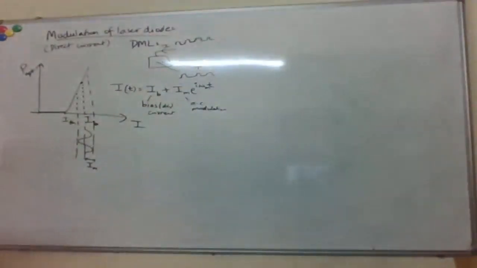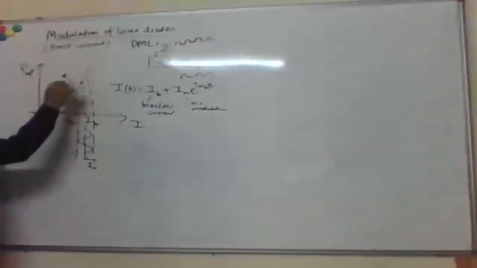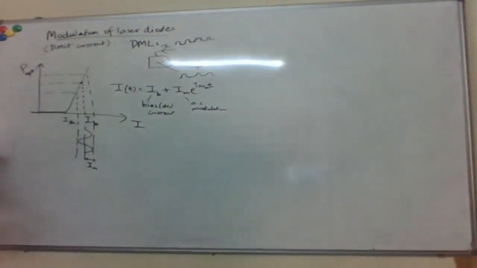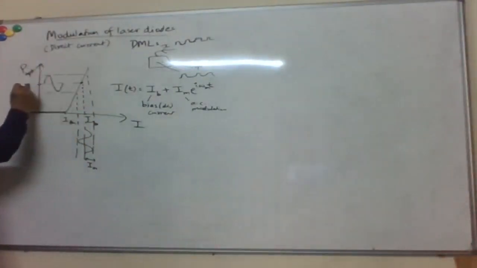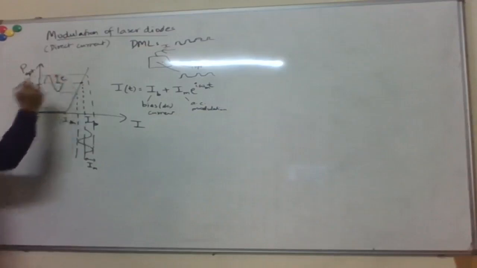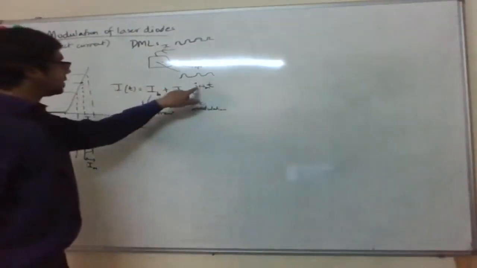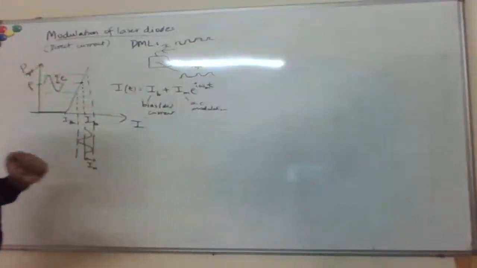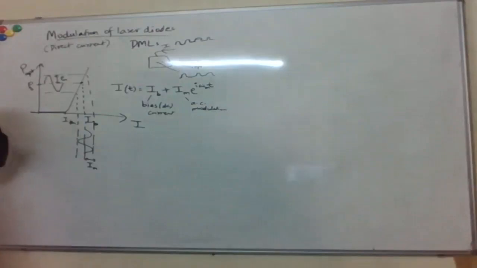Just from these characteristics, you can see that as I vary the current, the optical power emitted is also varying, about a DC power PB with an amplitude PM. We want to see how this optical power responds as we vary this frequency omega m and take it to higher and higher values.